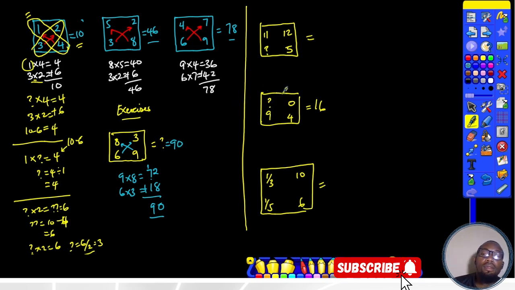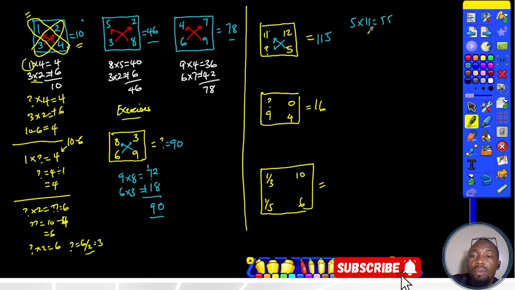Okay, talking about this part, I'll come back to this. So in this case, I'm going to have 5 times 11, then 12 times this. So the first thing I really want to do is to know the product of this and this, which is 55. 5 times 11 is 55.